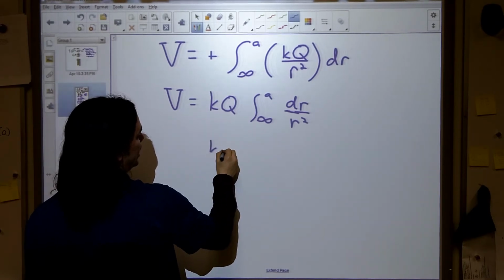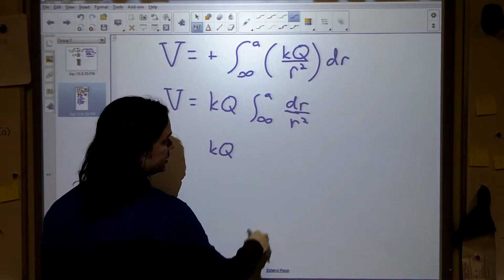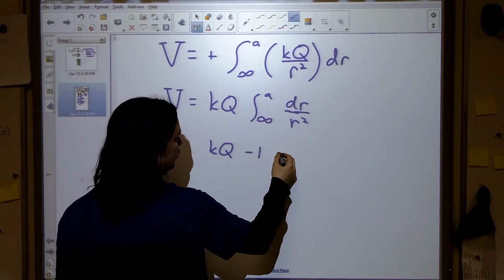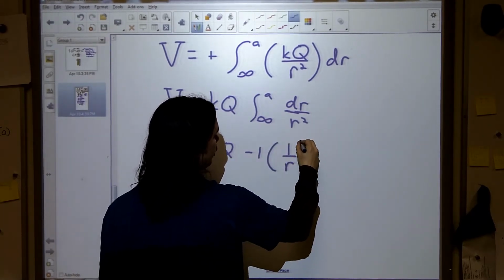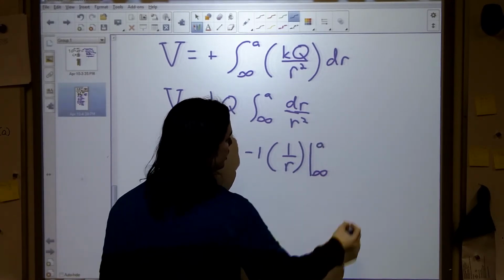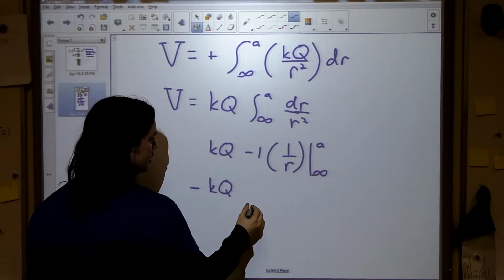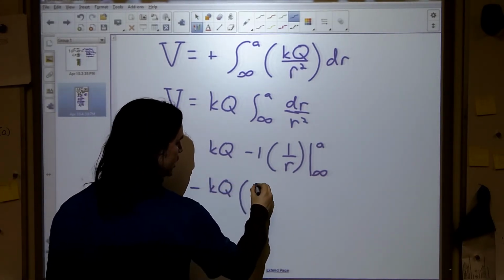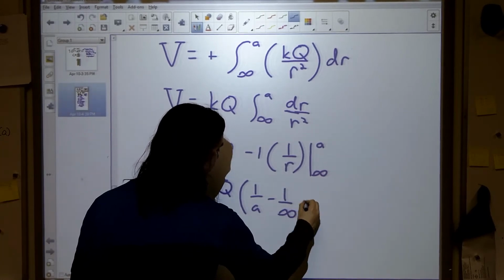So I'm going to end up with KQ times the integral of dr over r squared, which would be negative 1 times 1 over r evaluated from the lower limit of infinity and A. So I would end up with negative KQ times the quantity of 1 over A minus 1 over infinity.